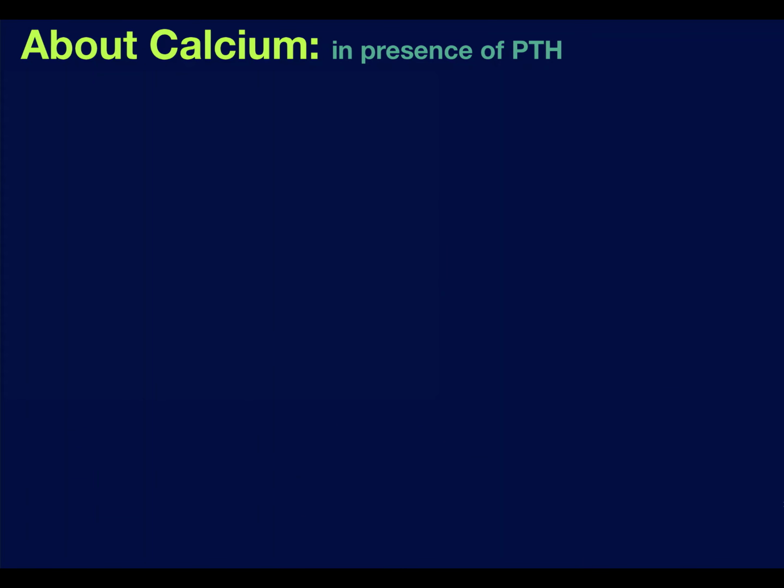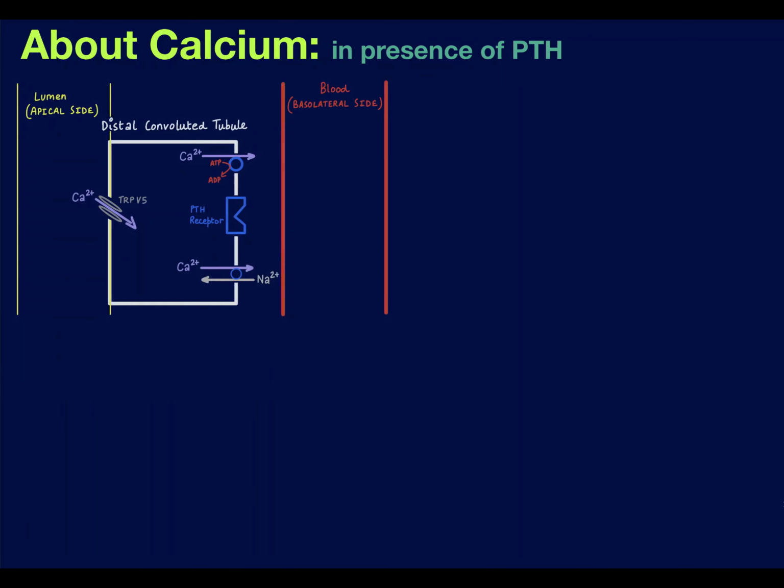Let us also briefly look at the detailed mechanism of action of parathyroid hormone on calcium reabsorption in the DCT. This is what is happening normally in the DCT when there is no parathyroid hormone present. Hormone dependent calcium reabsorption occurs in the DCT.